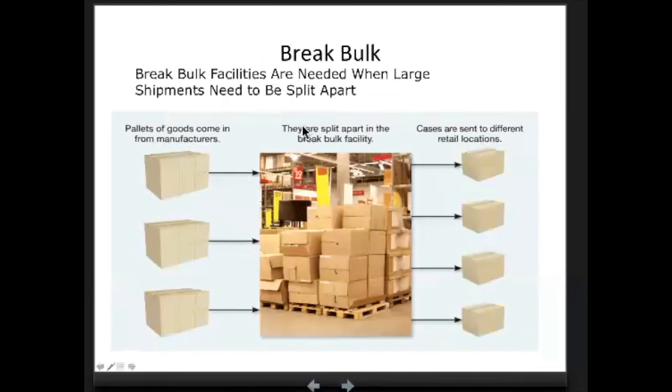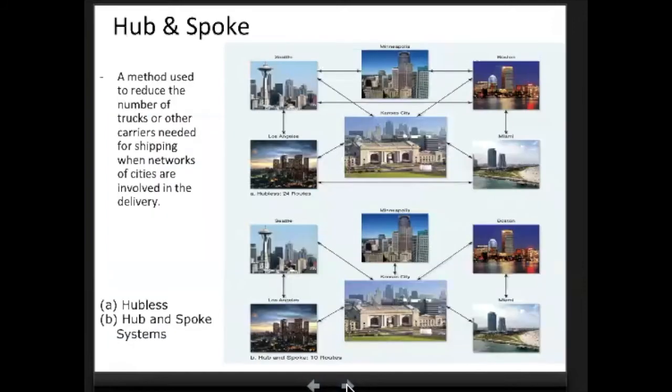The warehouse which allows such a cross-docking process to occur is what we call a break bulk facility, the one where you can split apart large shipments into smaller ones. So there needs to be the right kind of labor there, and the right kind of equipment, which allows you to break these bulk inbound shipments into smaller outbound shipments. So that's the type of facility which helps with cross-docking.